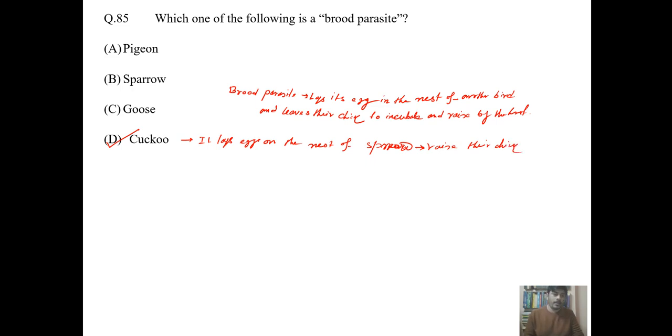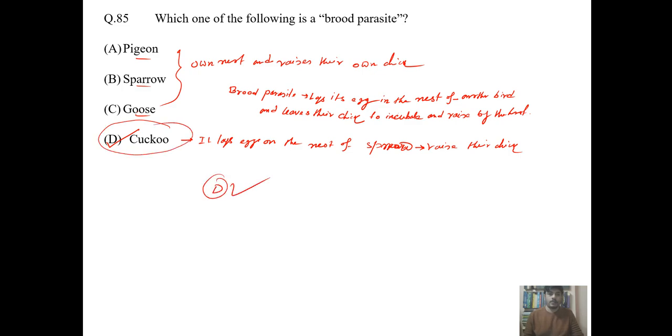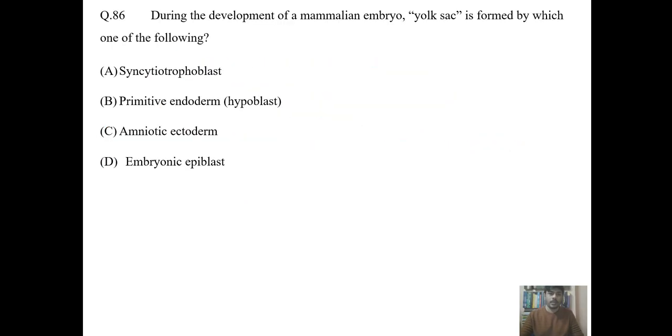The other options, pigeon, sparrow, and goose, all make their own nest and raise their own chicks. So the classic example of a brood parasite is the cuckoo, and option D is correct for this question. Now let's see the next question.